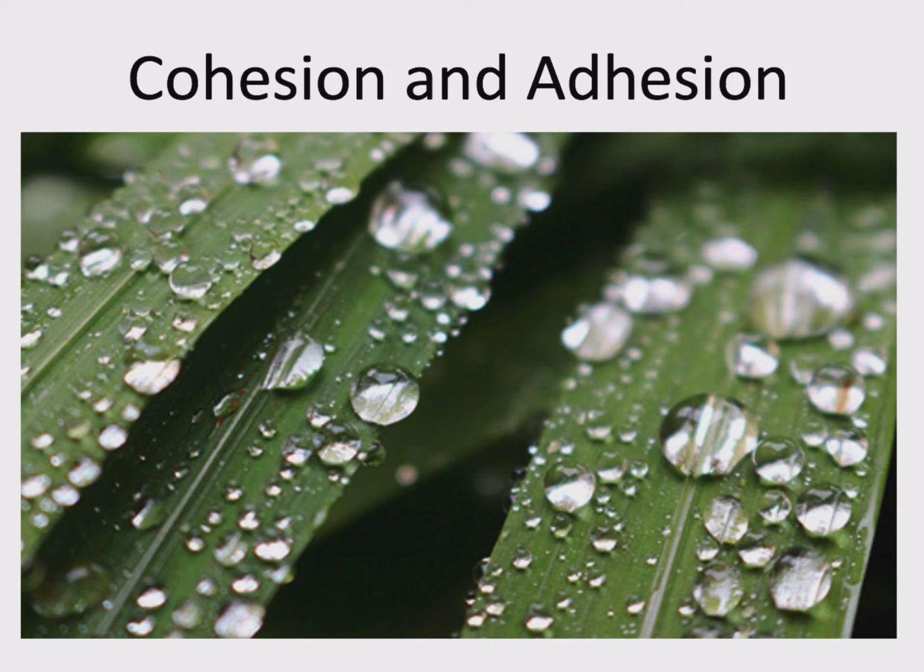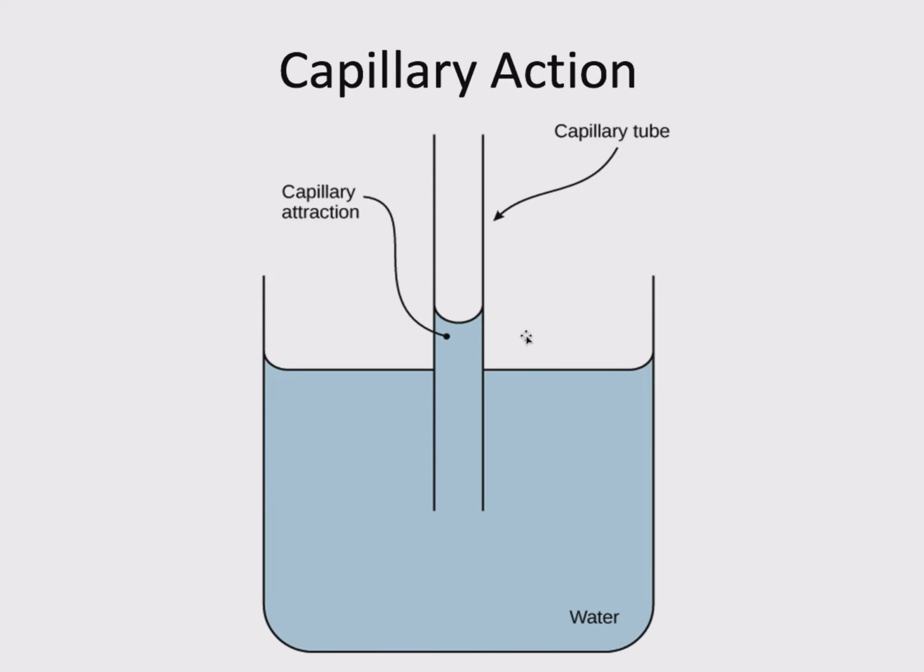And these forces together are going to result in what's called capillary action, where just because of the tendency of water to stick to the stuff around it, if you have a tube in water, this water is going to fight against the force of gravity and rise up the tube because it's wanting to stick to the walls of that tube.